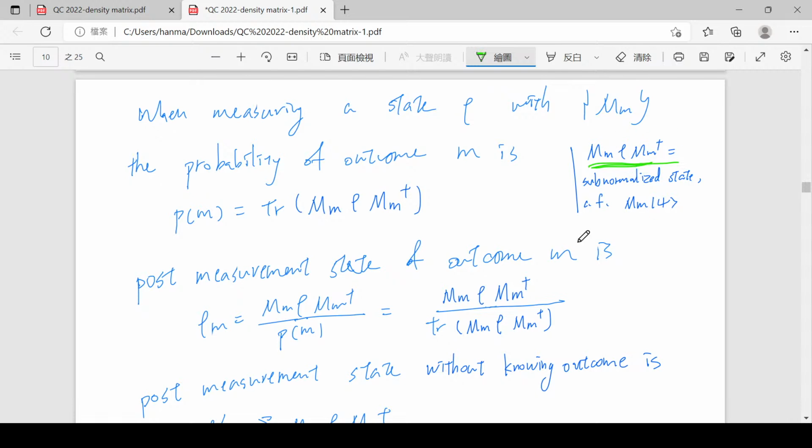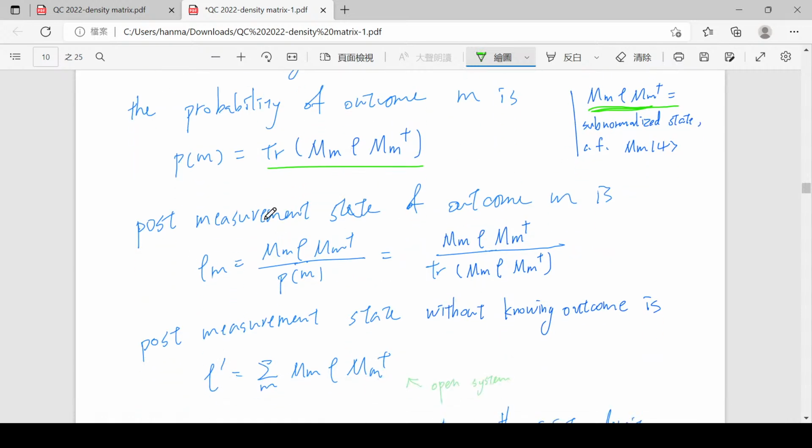From here you can calculate the probability. The probability is just the trace of this matrix. And you can calculate the normalized state by dividing by the probability. This is the collapsed post-measurement state.